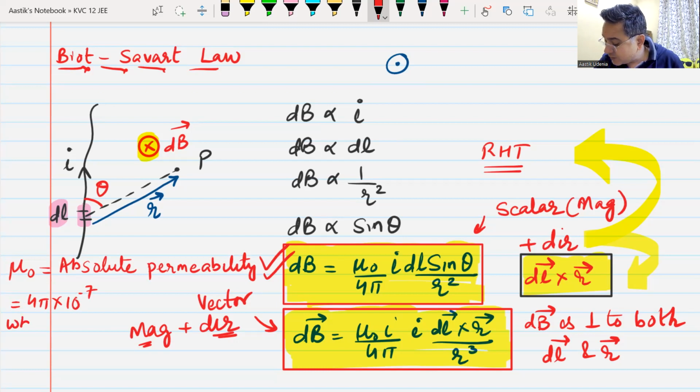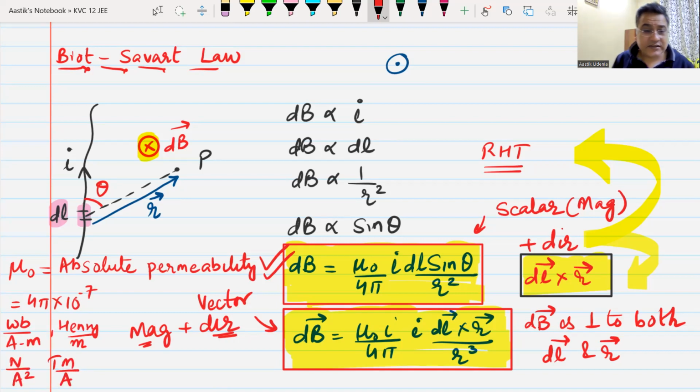You can write it as Weber per ampere meter, Henry per meter (we will understand what this Henry is), Newton per ampere square, or Tesla meter per ampere. Any of these units, whatever you want to use.